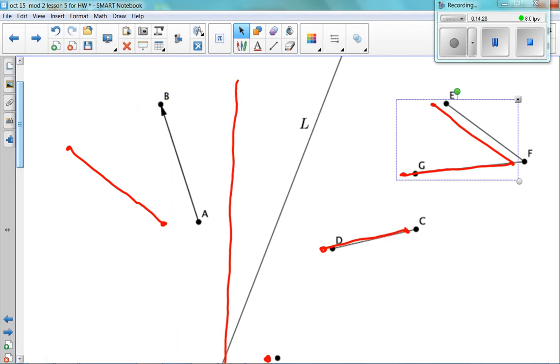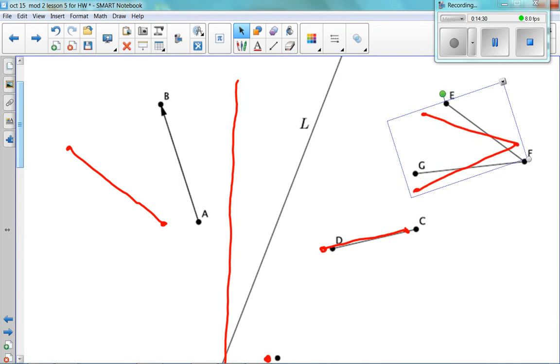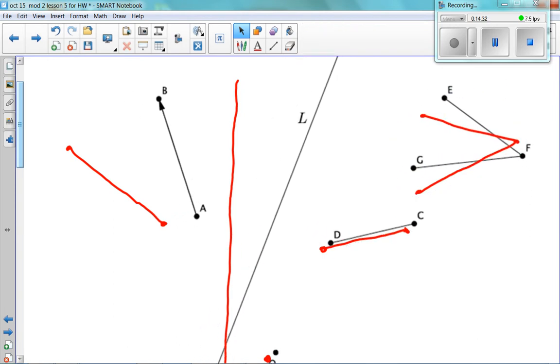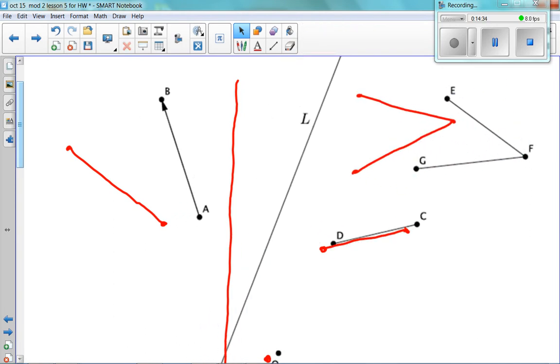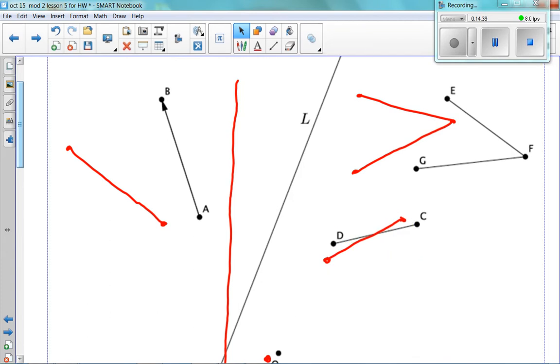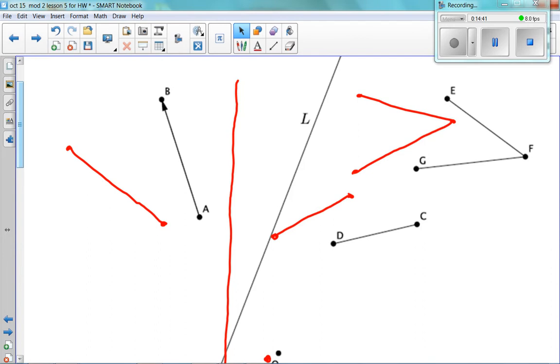This angle here is going to turn and move. And they're all going to move the exact same way. Mine are not correct because I cannot put a transparency on the smartboard and then move it. But you can use your transparency and everything should rotate cleanly, all at the same distance, all at the same angle measure.